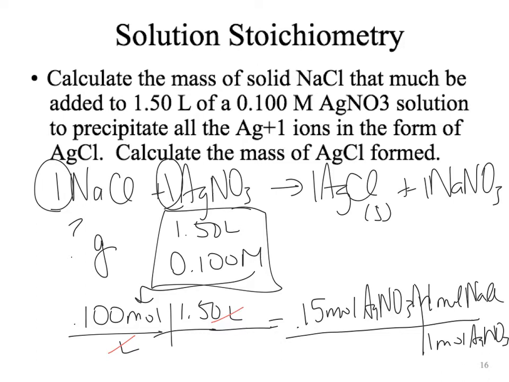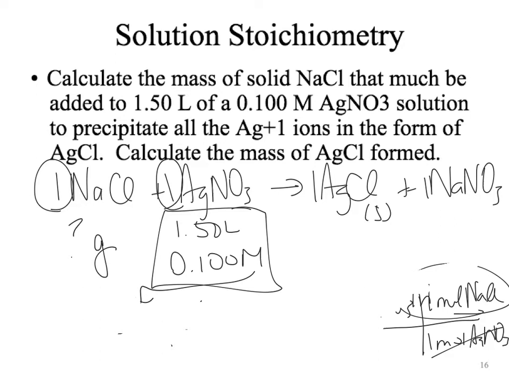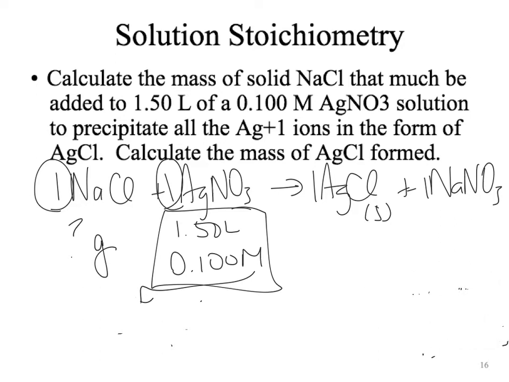But now what's happened is moles of AgNO3 have canceled, and you're left with moles of NaCl. All right, so those first two steps are going to be the same with all solution stoichiometry problems. Now, we are being left with moles of sodium chloride. So you have 0.15 moles of NaCl after we've done the stoichiometry.